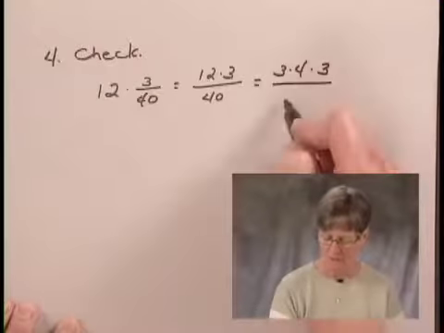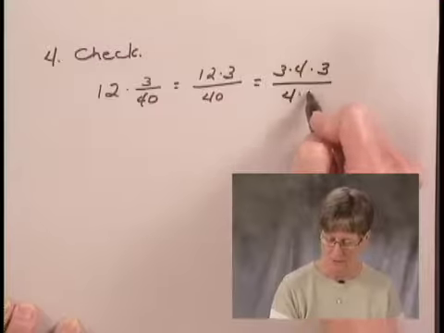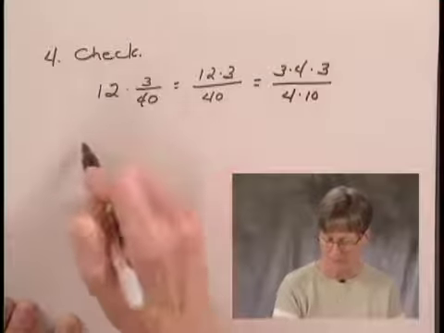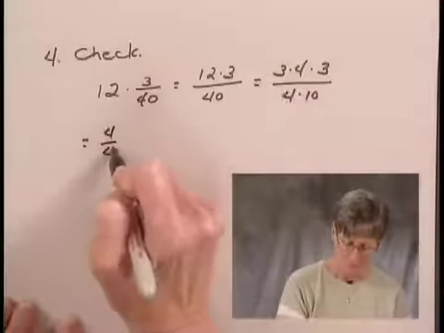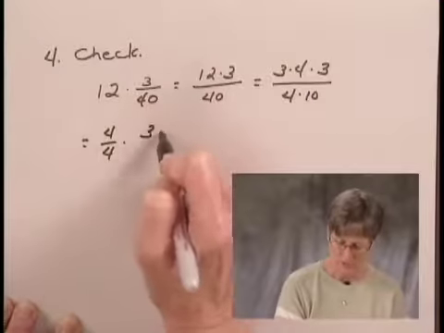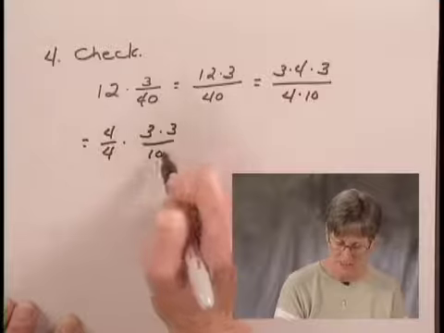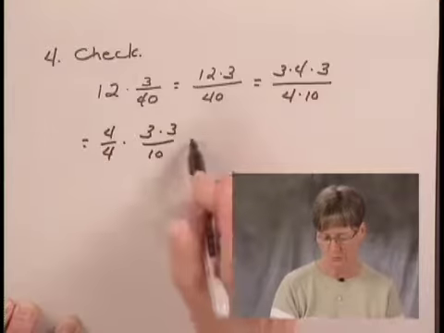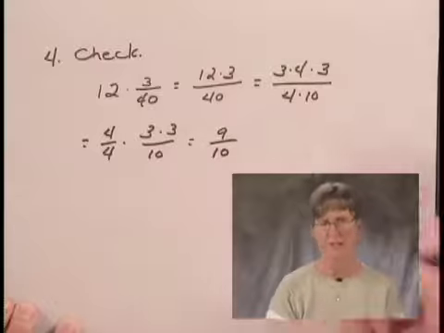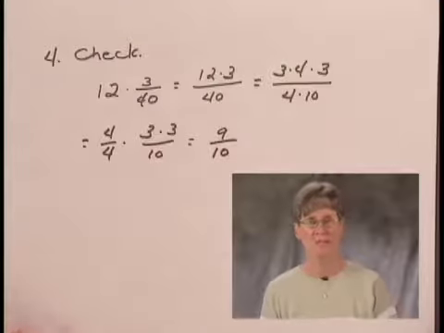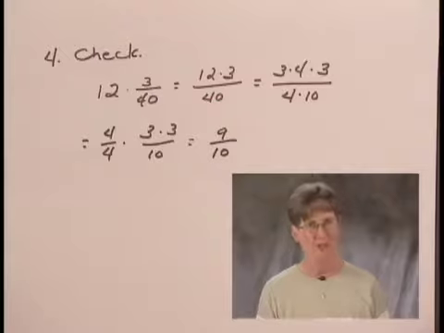And I'm going to write 40 as 4 times 10. I can pull out the 4s. I have 4 over 4 times 3 times 3 over 10. 4 over 4 is equal to 1, so I'm left with 3 times 3 over 10, or 9 over 10, which is the original length of the piece of taffy we started with, so the answer checks.